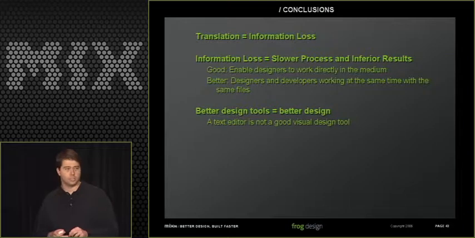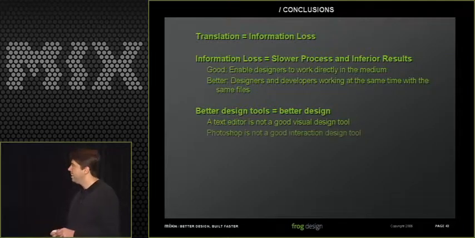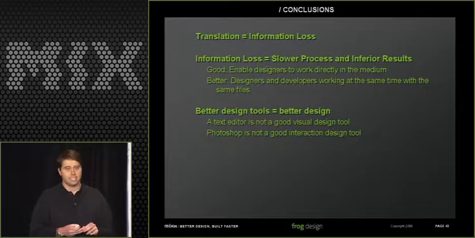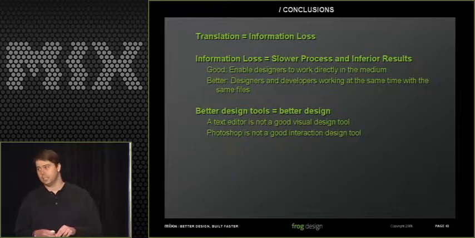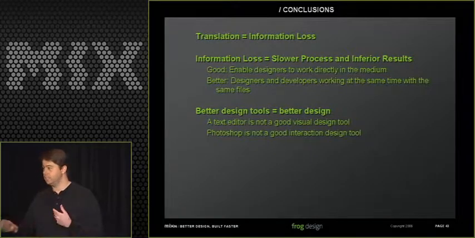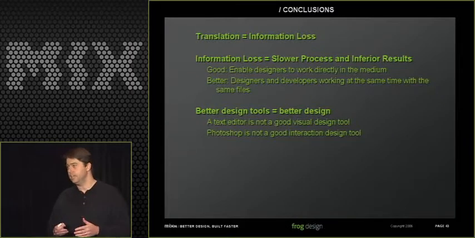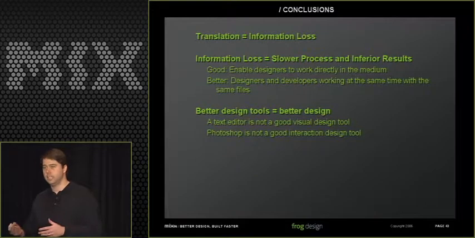I don't know, that's maybe a dirty little secret in the industry, but that's the way it is. Another thing to point out is Photoshop is not really a good interaction design tool. It's a good tool for designing bitmap images, but it's not good for designing how those things should interact with the user. And because of that, it constrains your thinking, and it makes it harder to communicate the ideas, and thus you end up with more information loss.